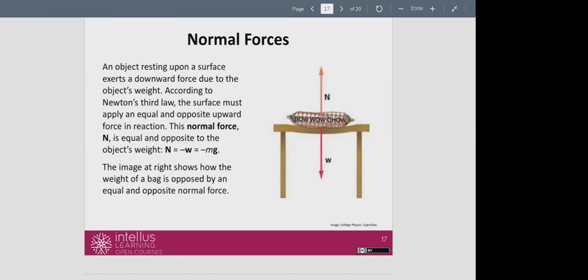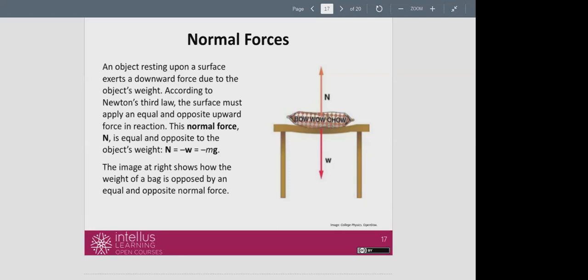Gravity is pulling on it, exerting a weight down. But there's also a response force on the Bow Wow child, and that is the table pushing up on the dog food. We call that the normal force, and we use a capital N to represent the normal force.